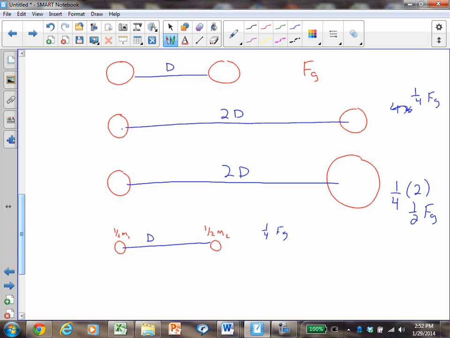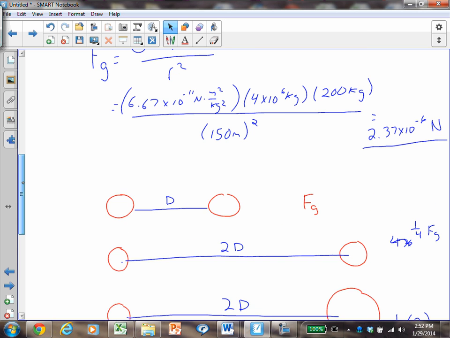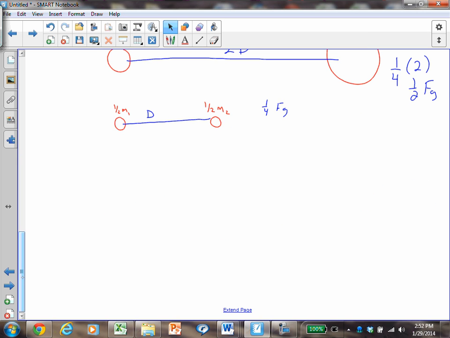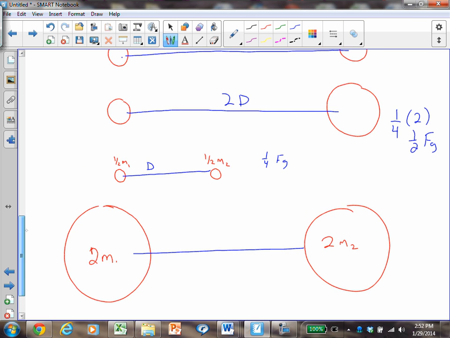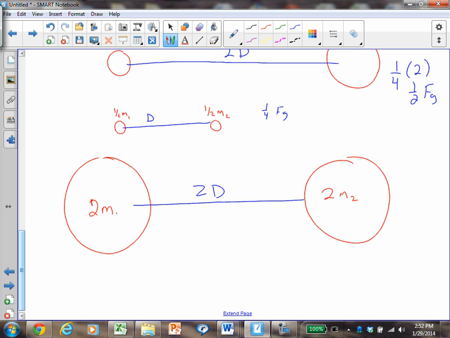What about, now that we're going over it, let's double the mass but double the D. What happens there? Well, let's see. Doubling the D makes it what? Smaller or bigger?